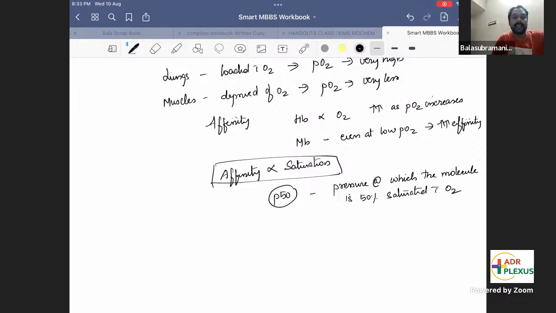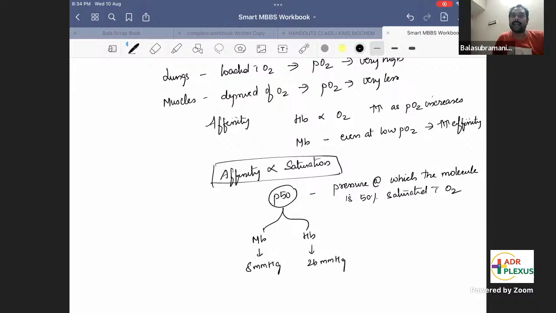Now, hemoglobin will have increased binding only when the availability of oxygen is more. But myoglobin will take up the oxygen even when the partial pressure is very low, which means that the P50 of myoglobin is 8 mmHg, whereas the P50 of hemoglobin is 26 mmHg.